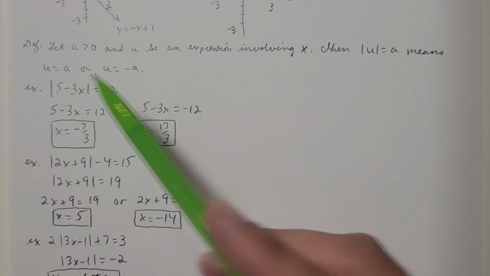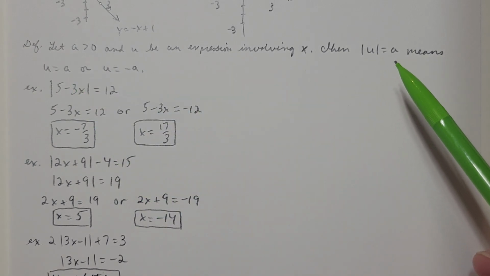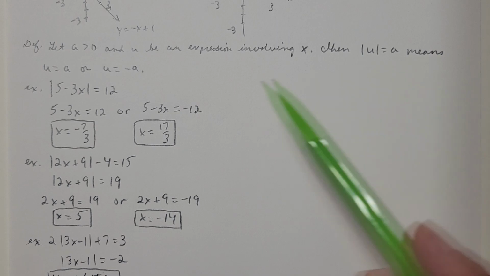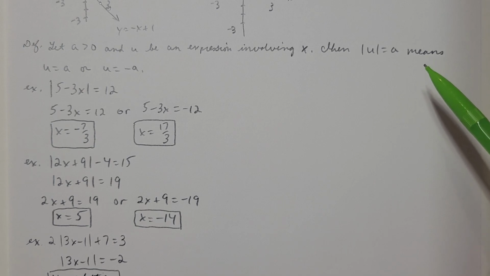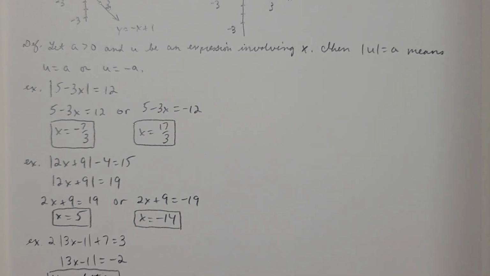The first equation is like pretending that the absolute value bars aren't even there, so I get U equals A. Or then the other one would be where I throw a negative on the right: U equals negative A. Be sure to lose the absolute value bars.